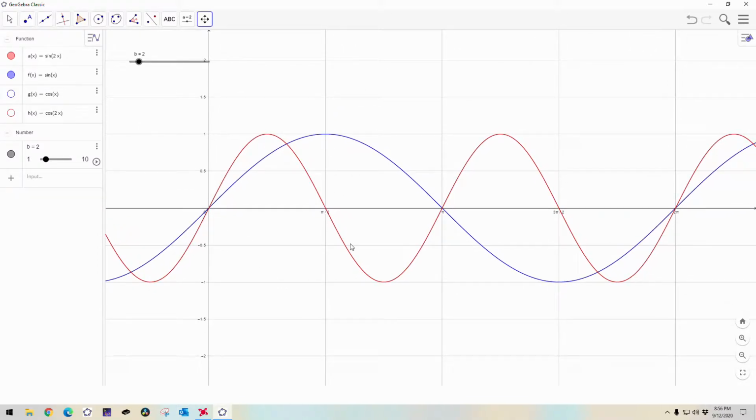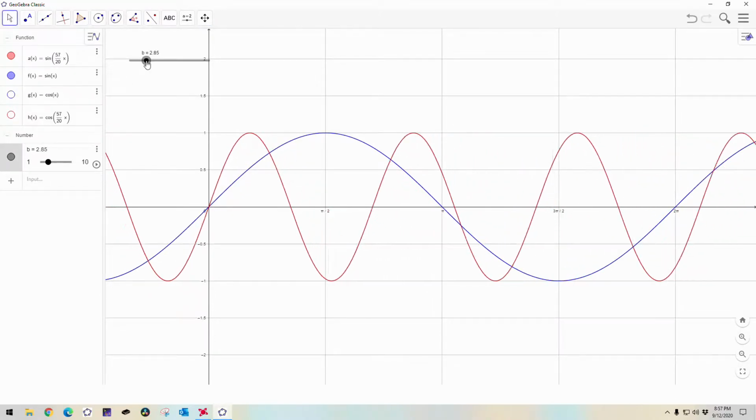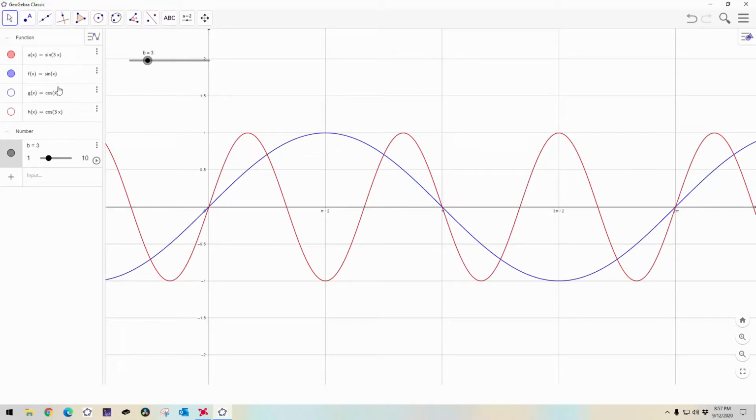So from 0 to 2 pi, notice the red graph actually fulfills 2 cycles. And it's because it's sine 2x. If I were to increase this to, say, 3, sine 3x, notice 1, 2, 3 cycles in the same amount of time that a normal sine would do, 0 to 2 pi.